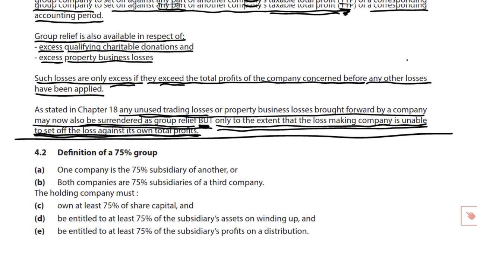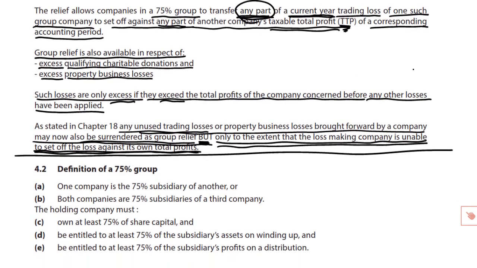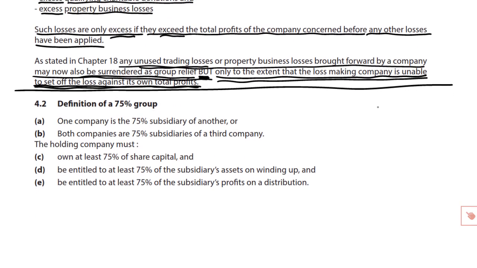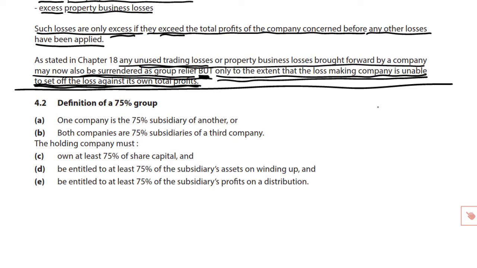Okay. Now, once we've established the amount of losses that are available to be group relieved, you've got to know with which other companies you can group relieve. And here we've got the definition of what we mean for group relief purposes: a 75% group. Obviously, one company is the 75% subsidiary of another, or both companies, co-subsidiaries, are 75% subsidiaries of a third company, the parent company.